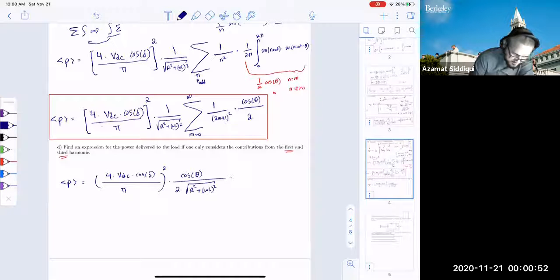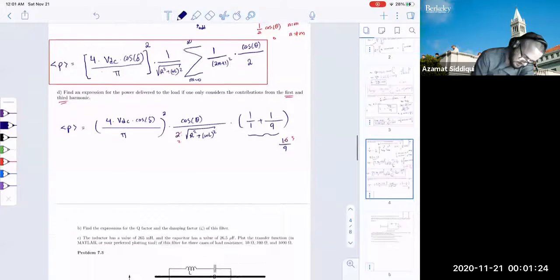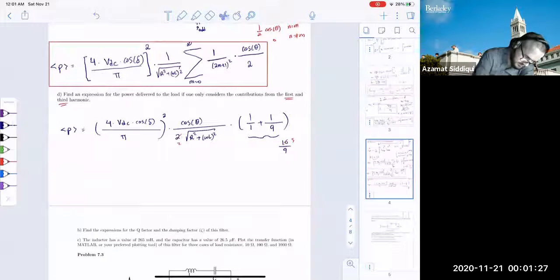Now what we have in the terms is, if you plug in 0, you're going to have 1 over 1, plus, plug in a 1, that gives us a 3 right there, so 1 over 9. 1 plus 1 over 9. This term is just going to give us 10 over 9. And we could cancel this to be 5 and this to be 2. And it makes our final expression a little bit easier.